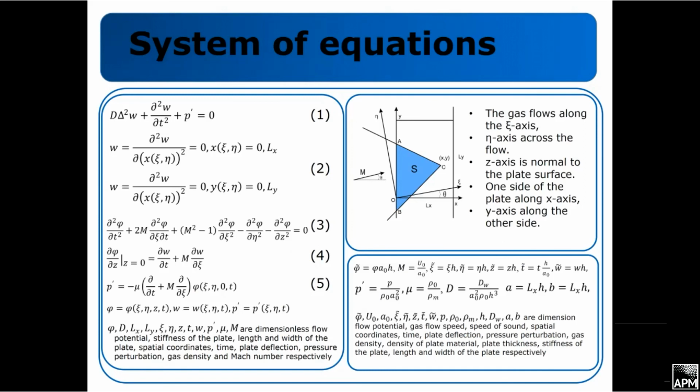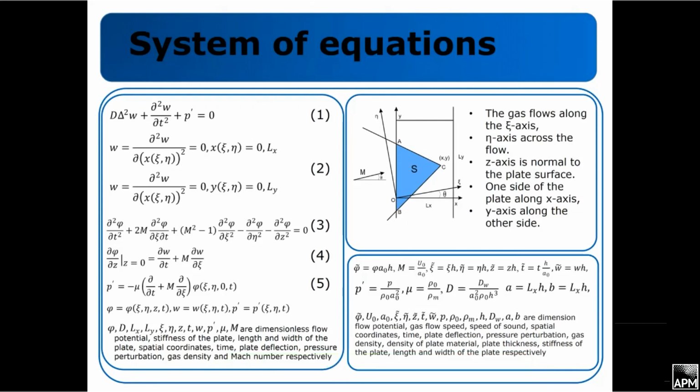So let's introduce the x, y, z system. The gas flows along the x-axis, the y-axis is across the flow, and the z-axis is normal to the plate surface. In this system, the system of equations is the following.